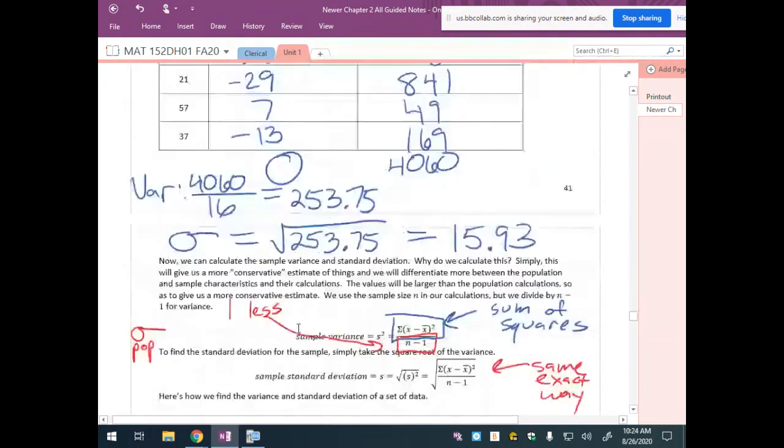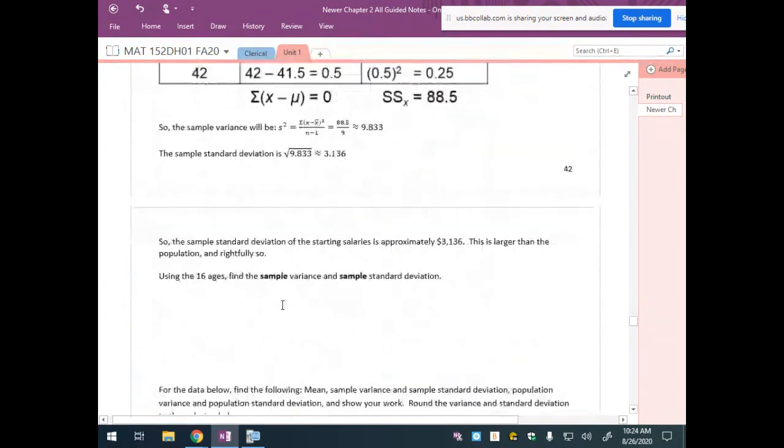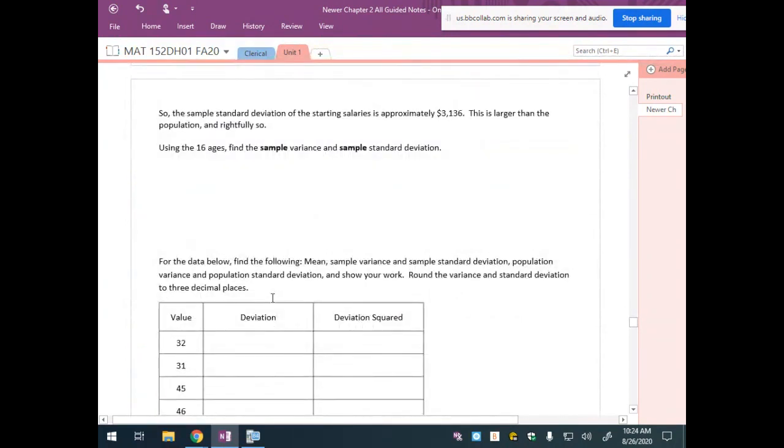Now, we're going to work through an example here. So using those 16 ages that we had before, randomly chosen people and their ages, we're going to find the sample variance and the sample standard deviation. So what was the sum of squares?